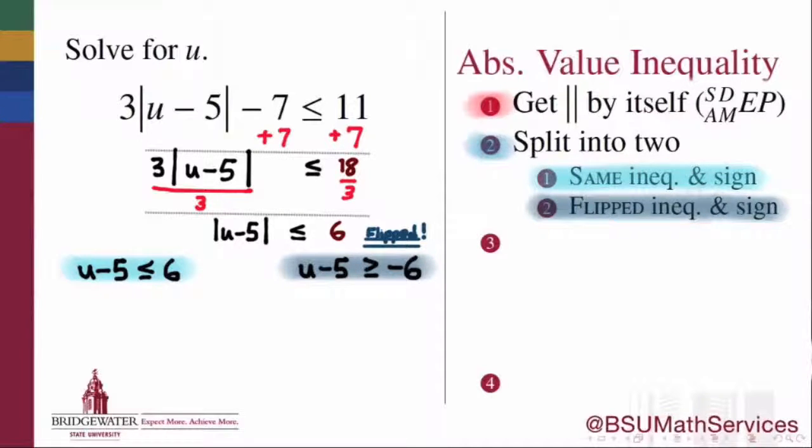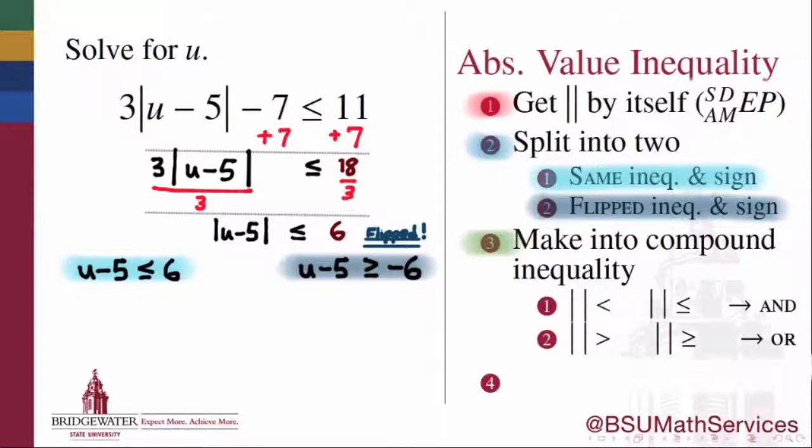Our job will be to solve these two inequalities separately, but before we do so, we need to know how they're connected together in our final answer, because what we obtain is a compound inequality. Which logical connector is used in that compound inequality depends on whether the original inequality bounded the absolute value from above, in other words, used a less than or equal to sign in front of the absolute value, or whether it was bounded from below, using a greater than or equal to symbol to the right of the absolute value.